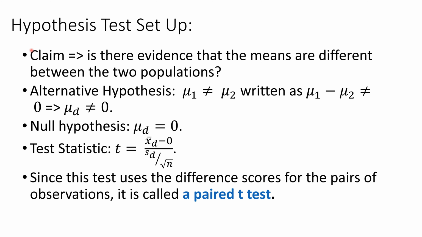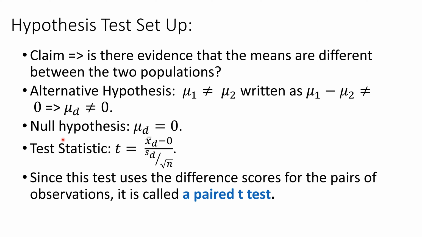To set up a hypothesis test for matched pairs, the claim should be: is there evidence that the means are different between the two populations? The alternative hypothesis should be mu1 doesn't equal mu2. Equivalently, mu1 minus mu2 doesn't equal 0, or mu-d doesn't equal 0.